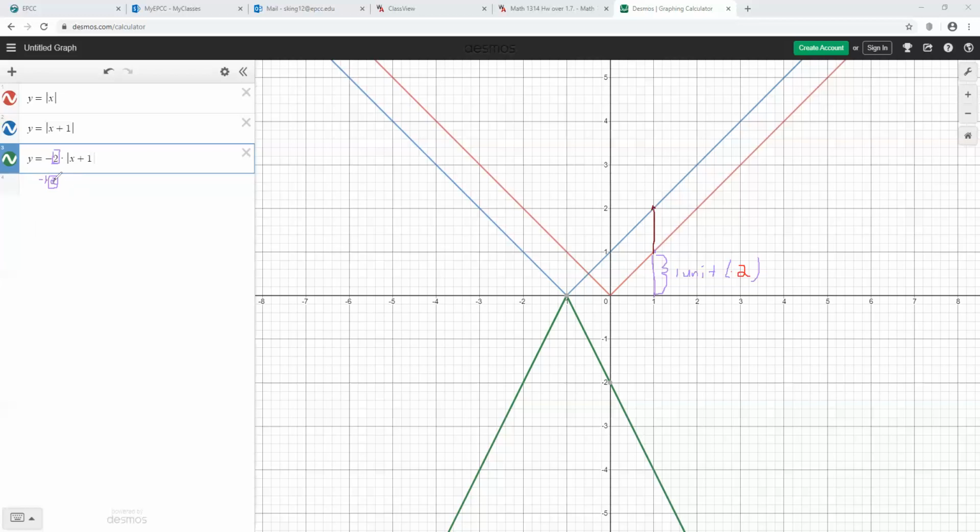The multiplied 2 is what part, Griselda? We're not looking at the red graph anymore because we already shifted it 1 unit to the left. So now we're only looking at which graph? Since it moved, we're looking at the blue one first. Good.